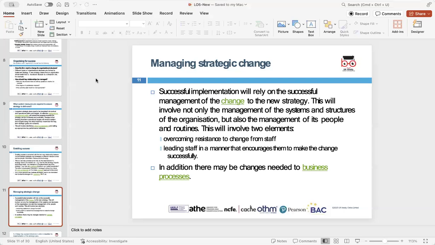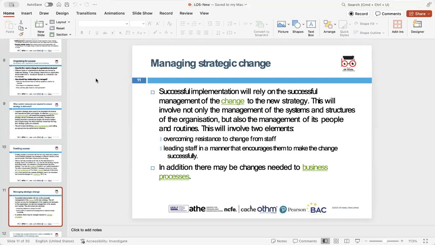This process involves two key elements. First, there is the challenge of overcoming resistance to change from staff members who may be reluctant to adopt a new process. And second, it requires leadership that encourages and guides staff towards making these changes successfully.